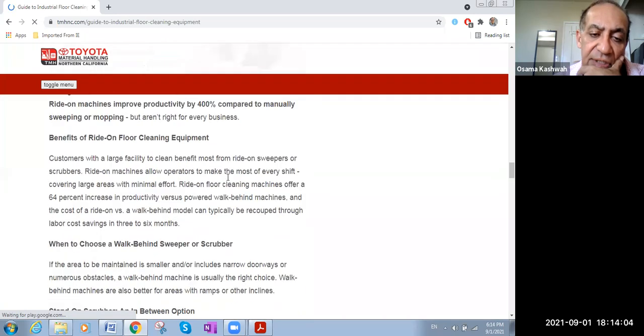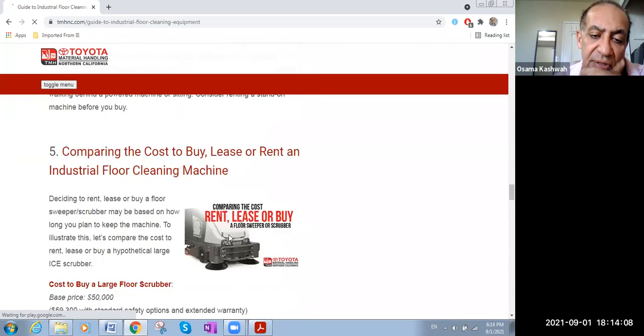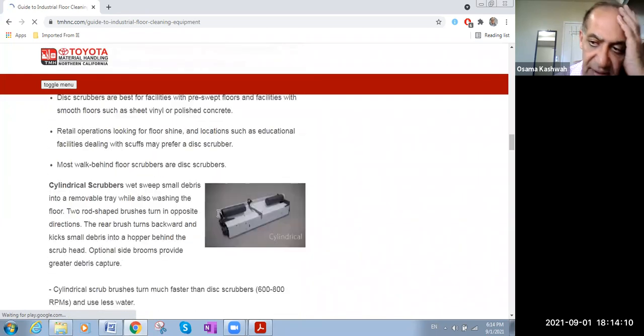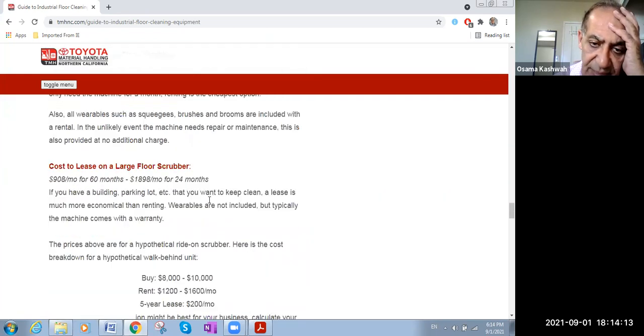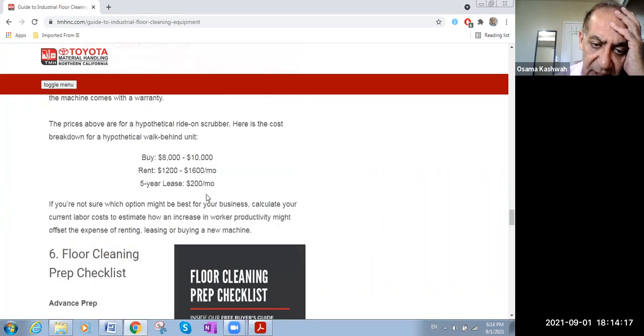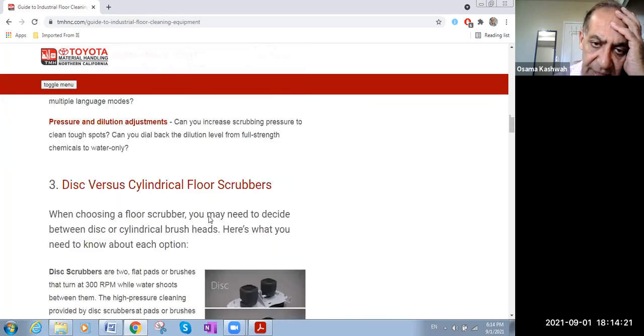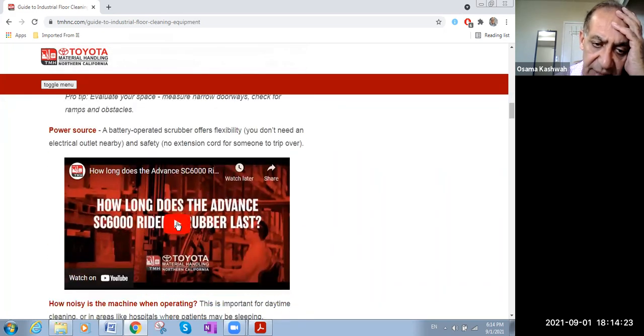This kind of machine, we see it in subway stations, and it's also a good way to save time, effort, and money.